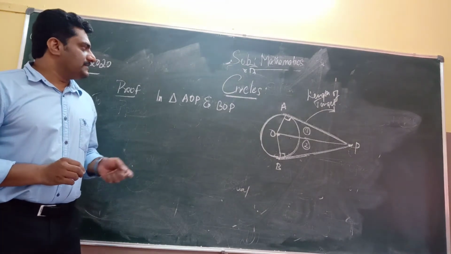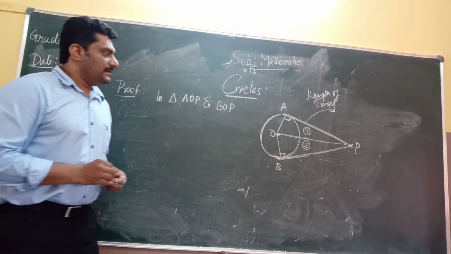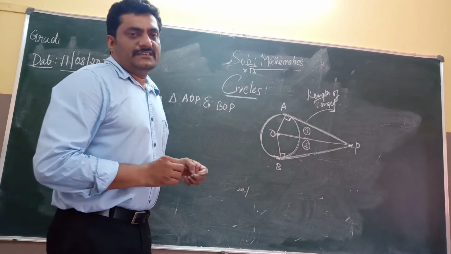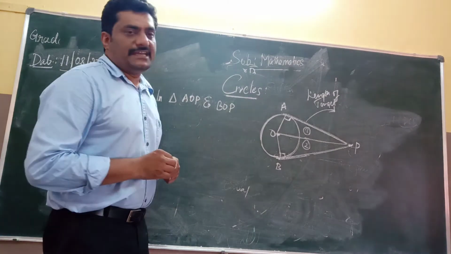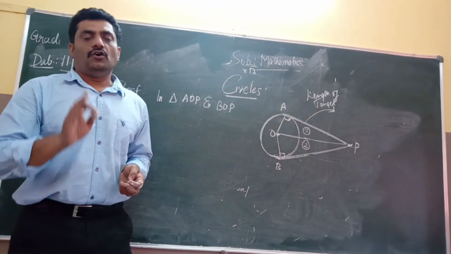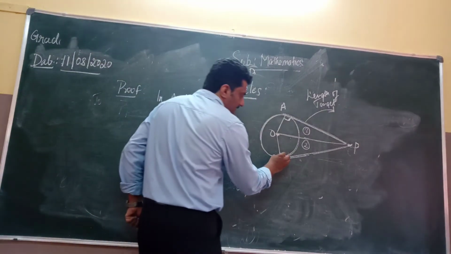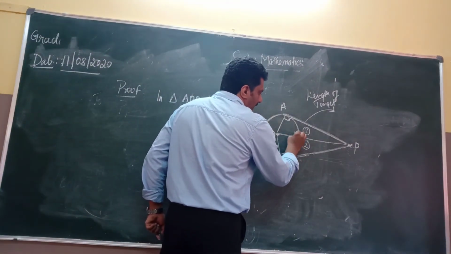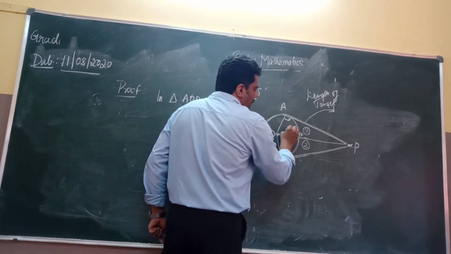Now here in triangle AOP and BOP, what kind of triangle are these? It's a right angle triangle. Can you tell me which is the hypotenuse here? Hypotenuse is always opposite to a right angle, that is 90 degrees. So this becomes the hypotenuse. This becomes the hypotenuse.